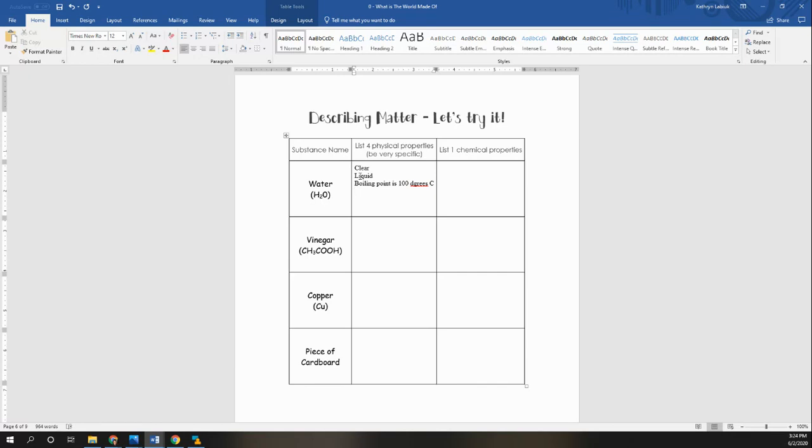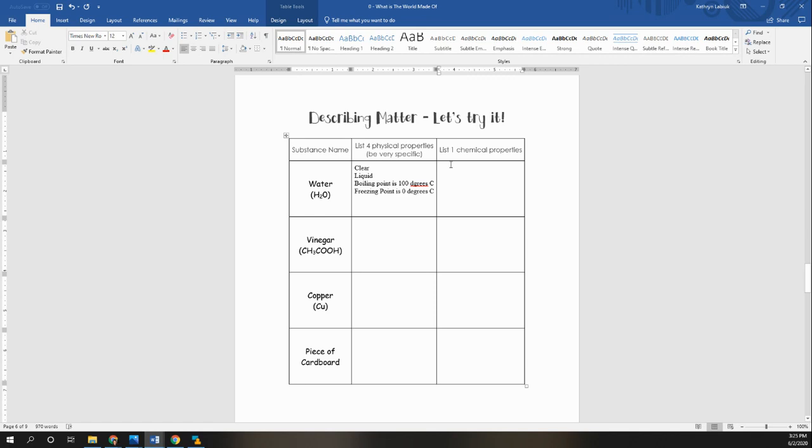Well, its freezing point is 0 degrees Celsius. That's okay. So this gives you an idea, right? So here I want you to list the physical properties from the table, and then here list any chemical properties.